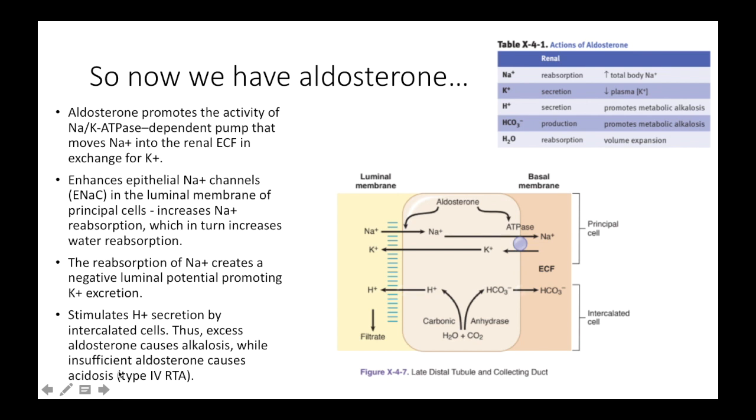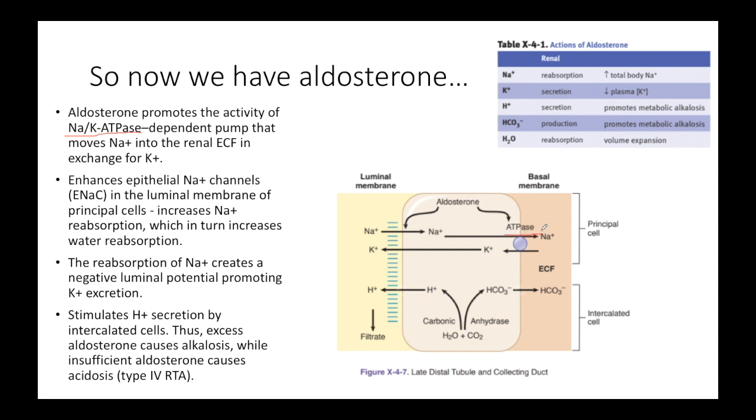So a little bit more in depth on what aldosterone does now that it has been synthesized. It promotes the activity of the sodium-potassium ATPase-dependent pump, which moves sodium into the renal ECF in exchange for potassium.